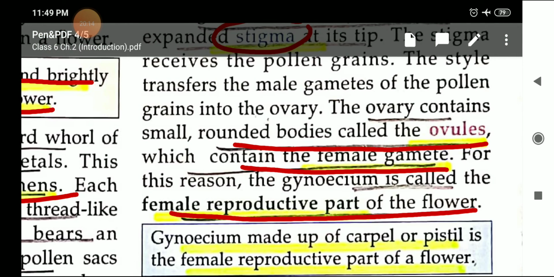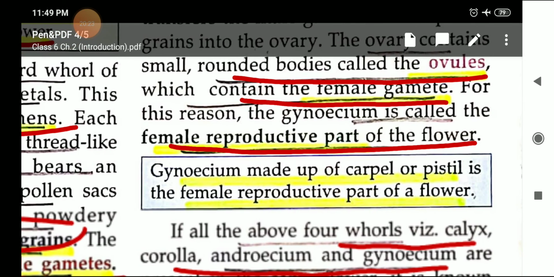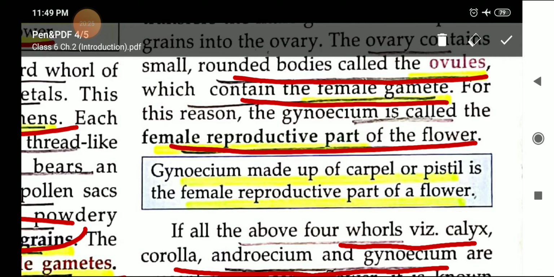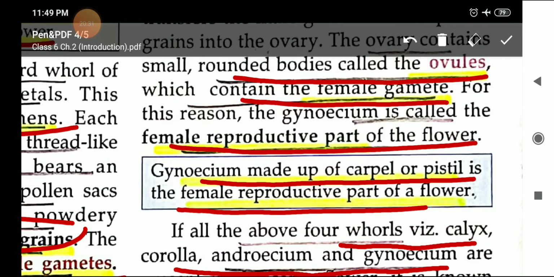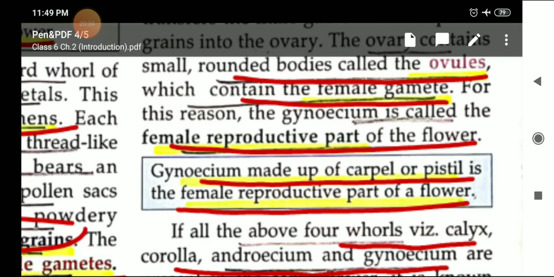And it is also known as female reproductive part of a flower. Why? Because it contains female gametes. So gynoecium made up of carpel or pistil is the female reproductive part of a flower.